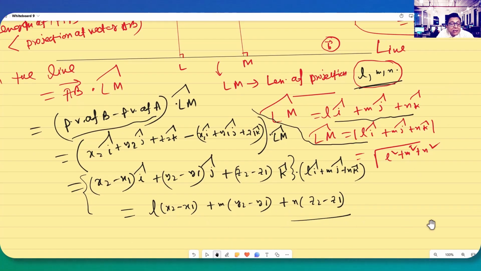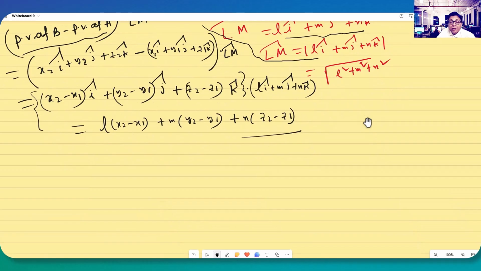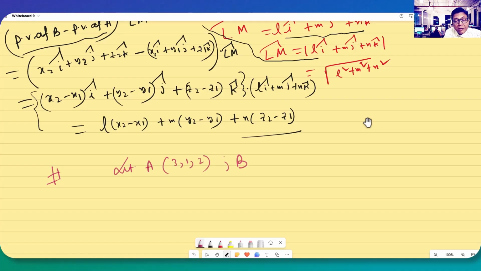The formula is this. So for example, I am taking one example here for your convenience. Let A be this point 3, 1, 2, B is this point minus 4, 3, 5.